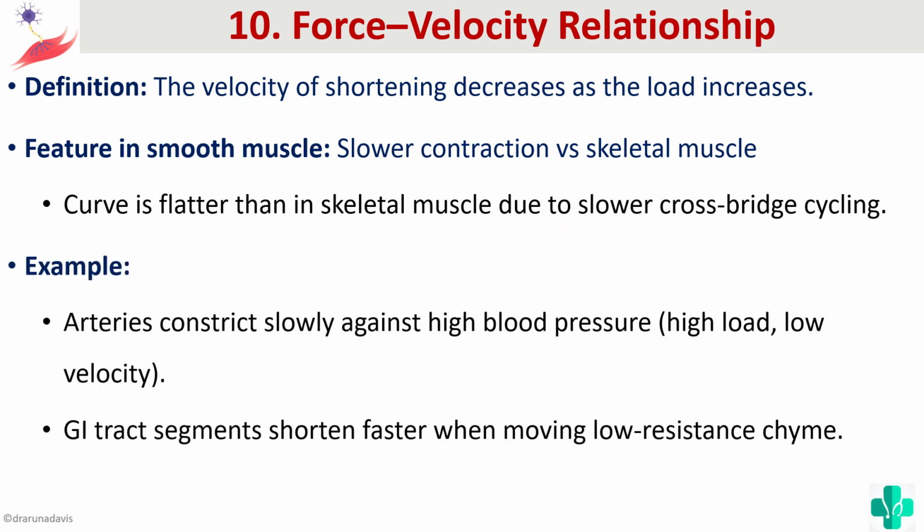For example, if we have high blood pressure, the arteries will constrict slowly against that increased pressure. Similarly, GI segments shorten faster when moving low resistance chyme than high resistance chyme. So this is the application of the force velocity relationship in smooth muscle. The pattern is the same: velocity of shortening decreases as the load increases, but it is much slower when compared to skeletal muscle.